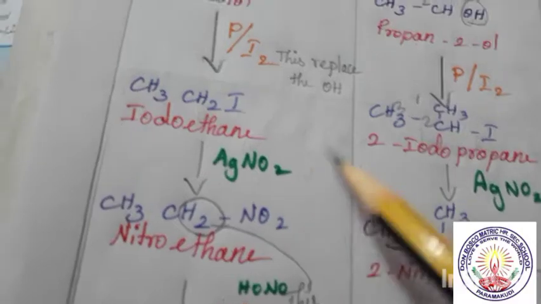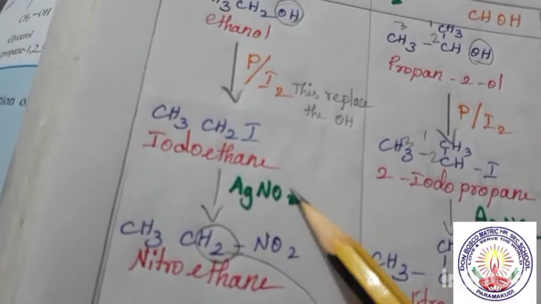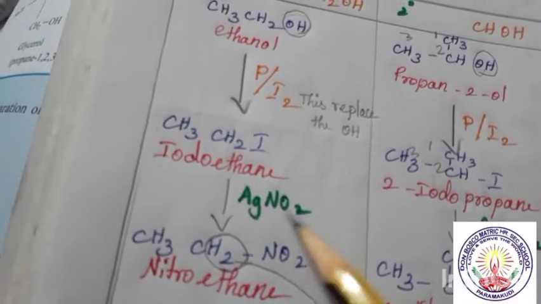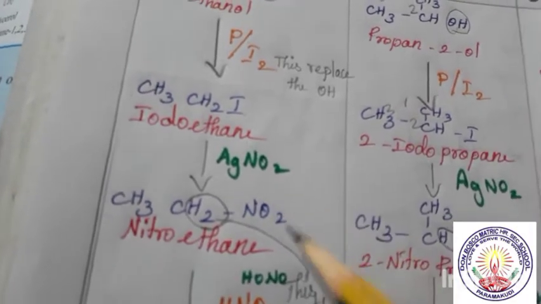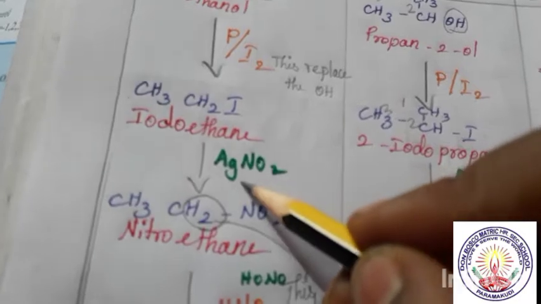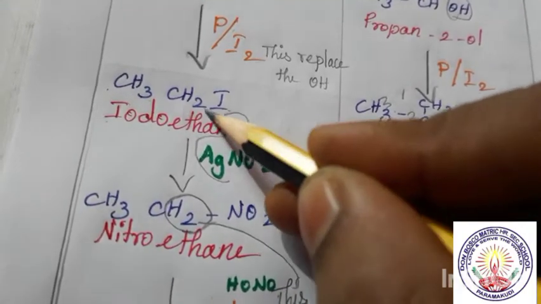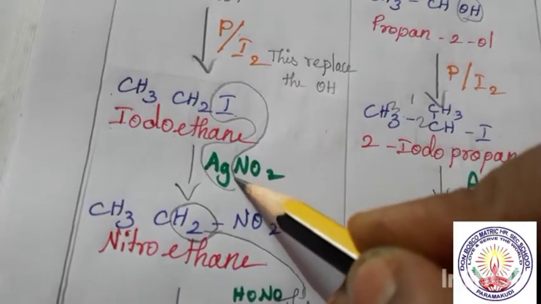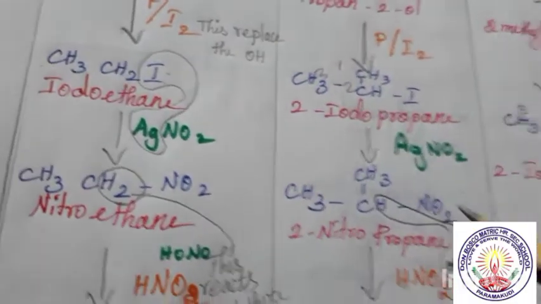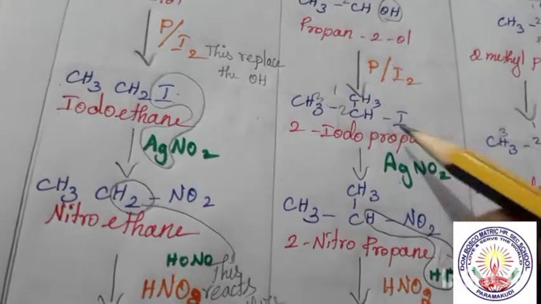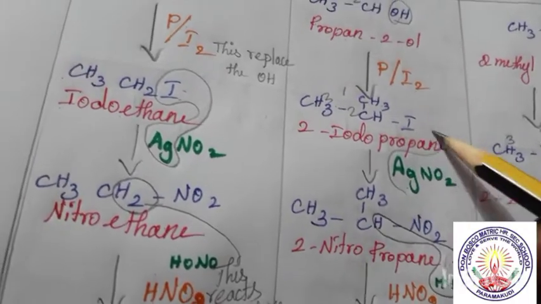In the third step, to this iodoethane we are adding AgNO2. When we add this silver nitrite, the silver combines with the iodine and is liberated as silver iodide. In the same way here, silver iodide is liberated.